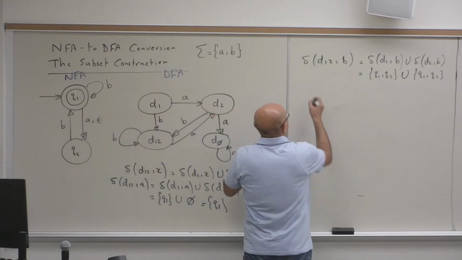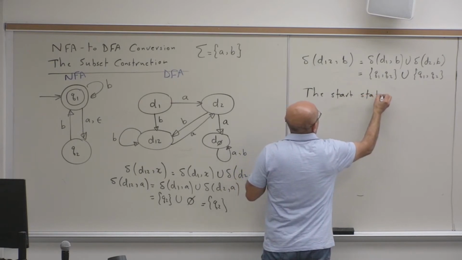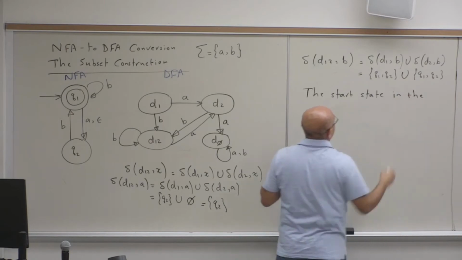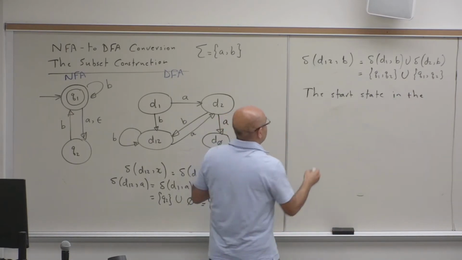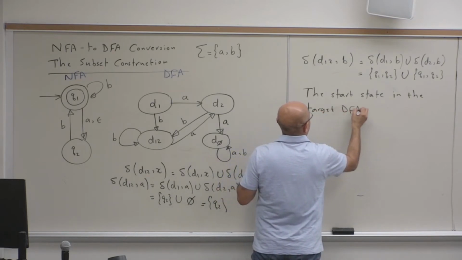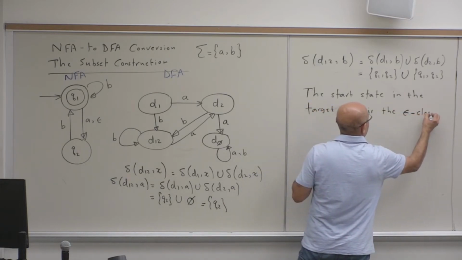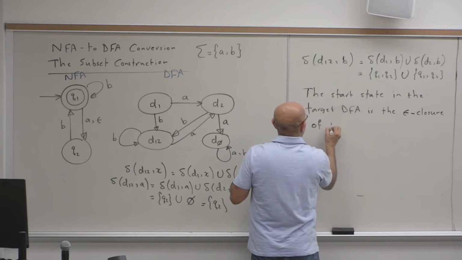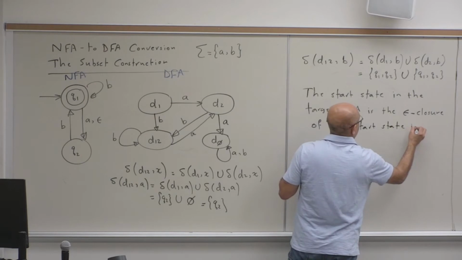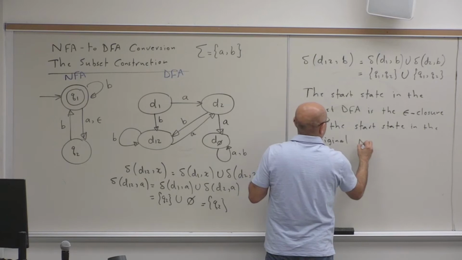The start state in the target DFA is the epsilon closure of the start state in the original NFA.